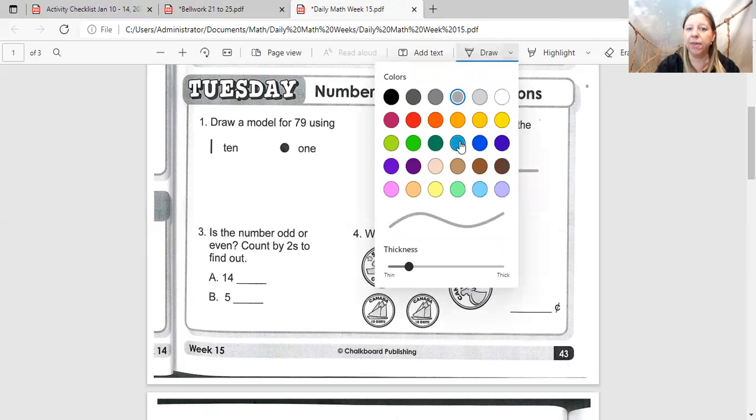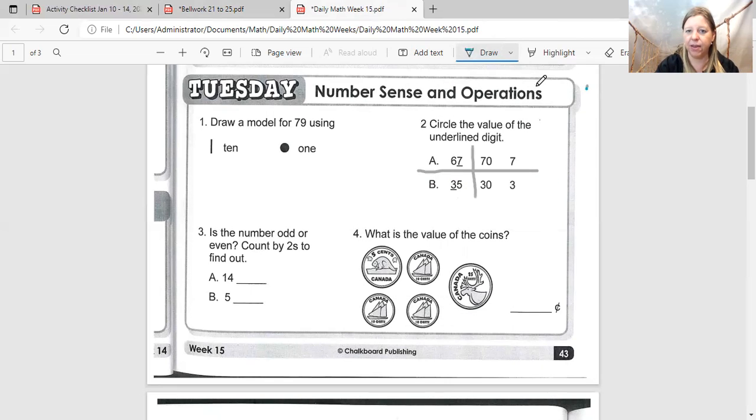All right, then we're ready to go on to the next part. Circle the value of the underlined digit. What is this number? Do you see that part of the number is underlined? What part is underlined? Is it a 10 or a 1?